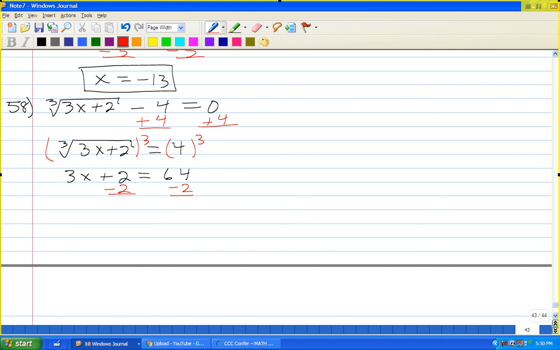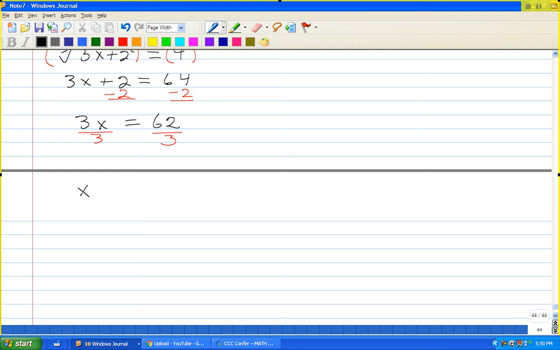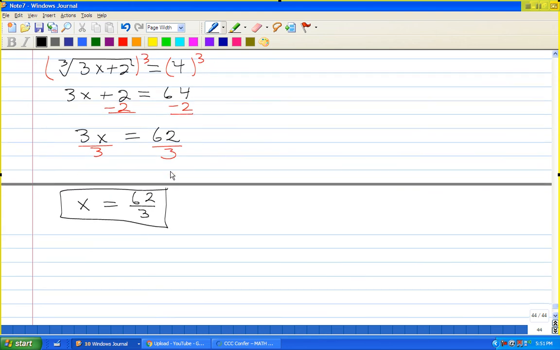And so 3x is equal to 62. Divide by 3. So x is equal to 62 over 3. And again, it's a cube, so I don't have to check. Let me do problem number 59.